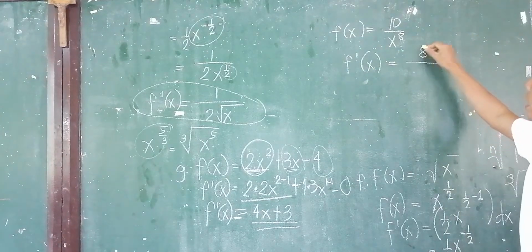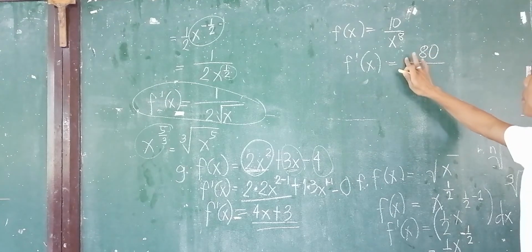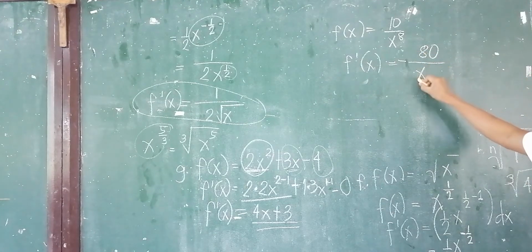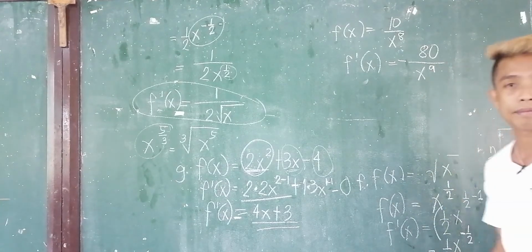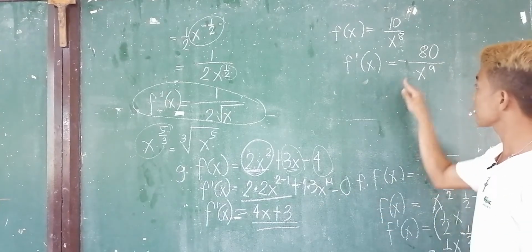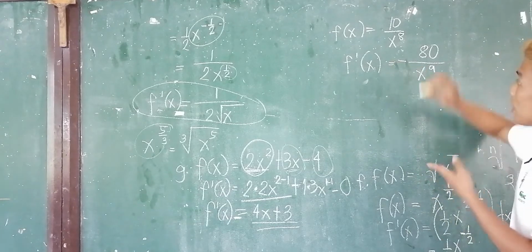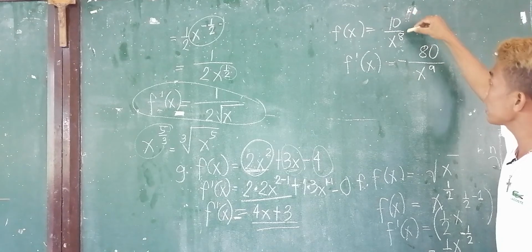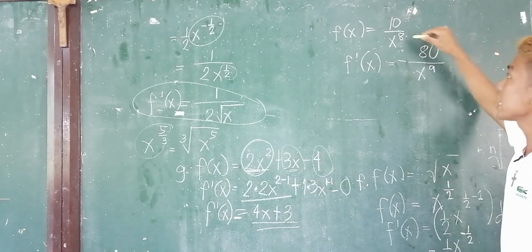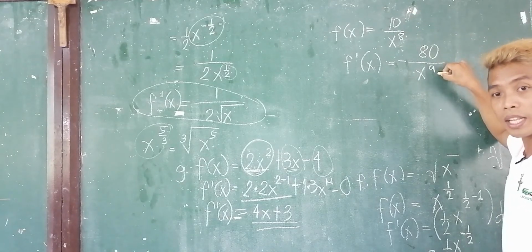The answer is negative 80 over x raised to 9. Anong ginagawa? Ano yung shortcut? Shortcut, yung exponent ng denominator, i-multiply mo sa numerator. 8 times 10, 80. Dagdagan mo ng isa, yung denominator.